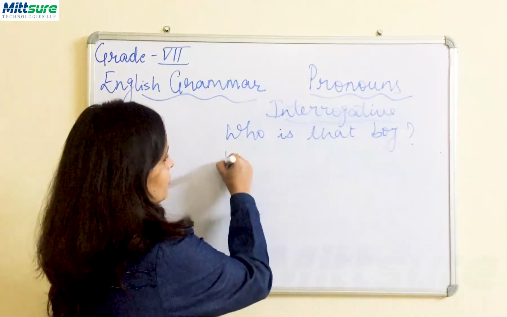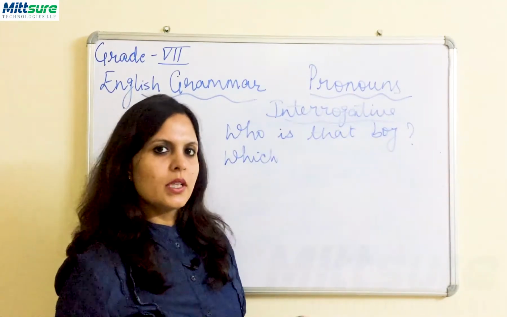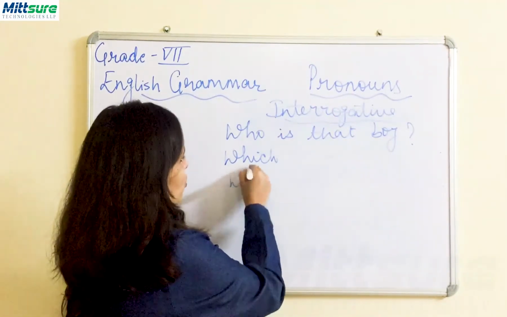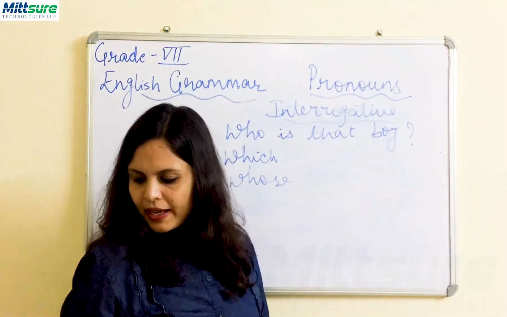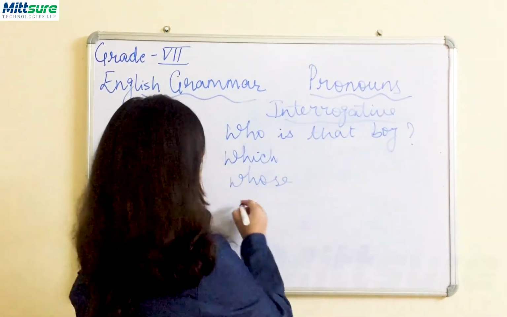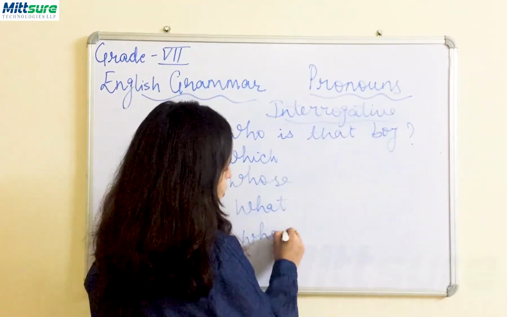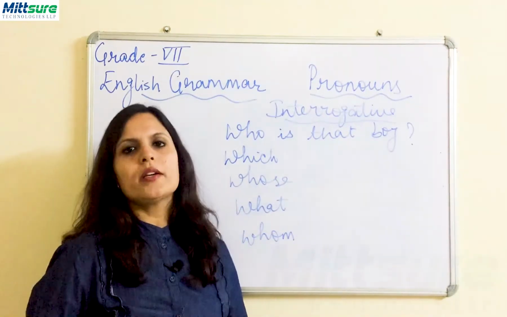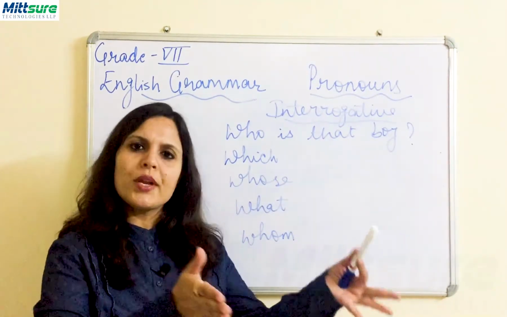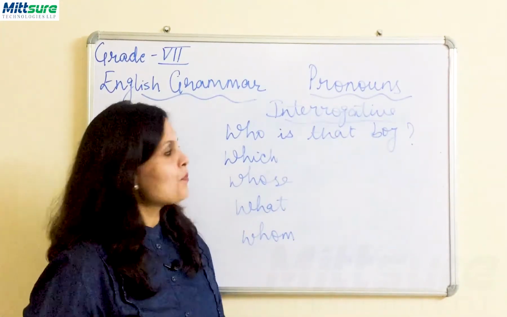Similarly, we have which is your home, and whose pencil is this? Then we have what. What is your name? Whom are you looking for? So these are all the WH words, and all WH words are question words. We understand this fact very nicely.